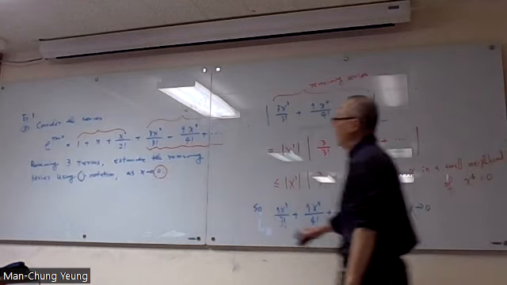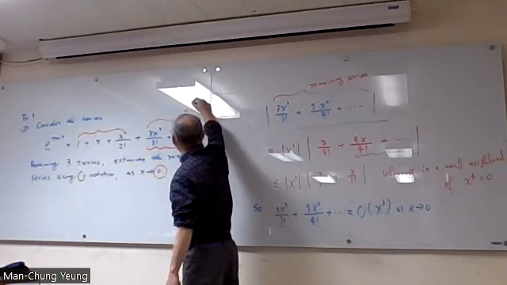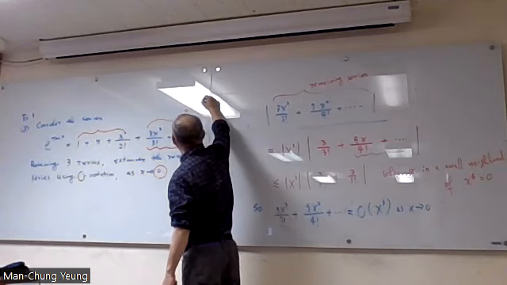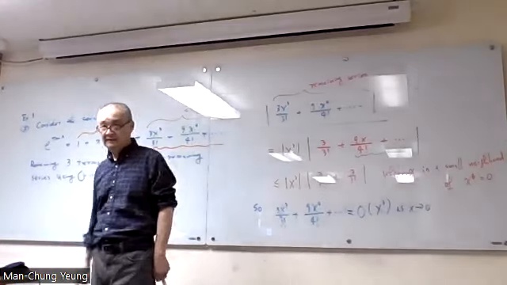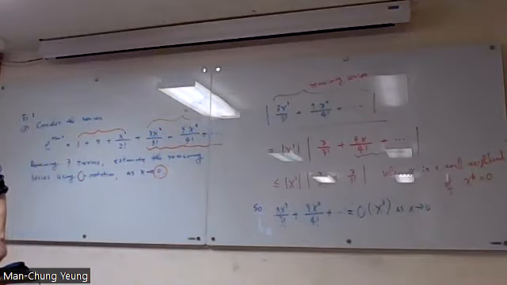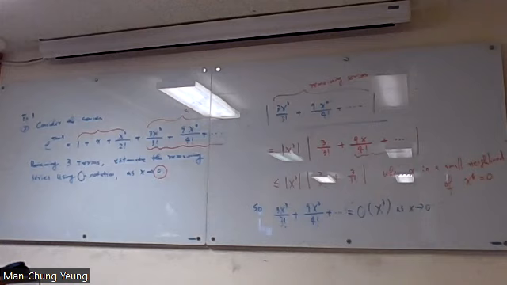Now I can write the remaining series as big O of x as x approaches 0.